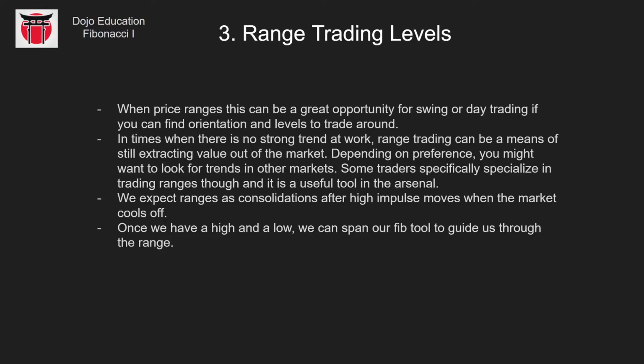Something that you can apply if you're looking for ranges is that they oftentimes occur after stronger, high impulse, high velocity moves. Markets do tend to cool off then, to shake out late participants, to reaccumulate or to distribute. So that's basically when you can expect a range forming.